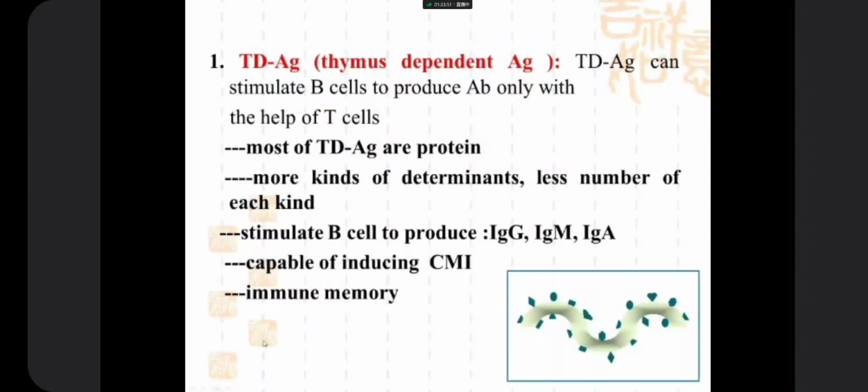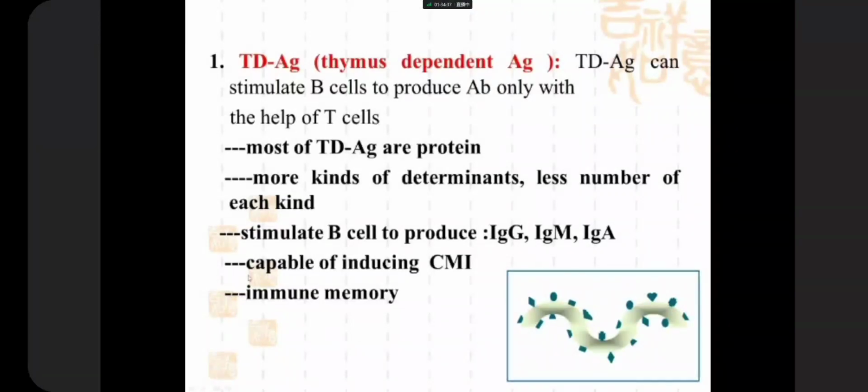Let's see the properties of TD antigen. Most TD antigens are protein in nature. They have more kinds of determinants, with fewer of each kind. TD antigen can stimulate B cells to produce antibodies, for example IgG, IgM, and IgA.